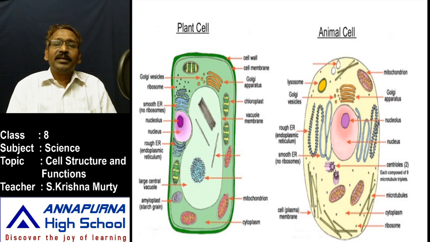Cellulose is a starch or carbohydrate product. We know very well where the cell wall lies. Outermost, when we observe the plant, the outer portion is the cell wall, which is hard. It contains cellulose, so it is also known as carbohydrate or starch.